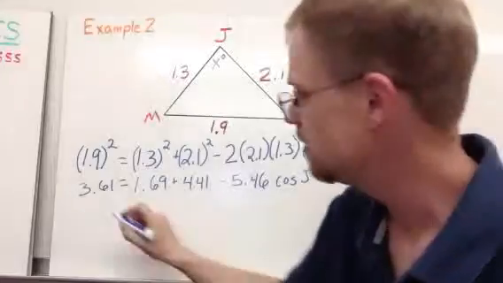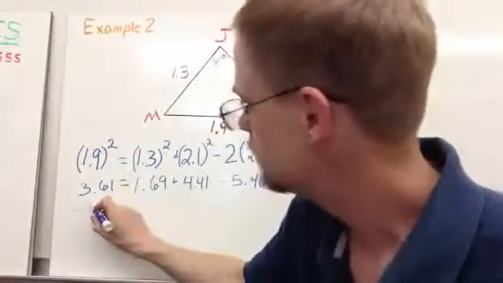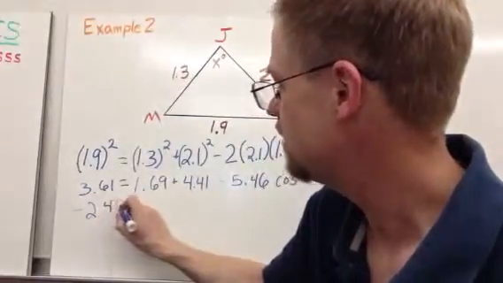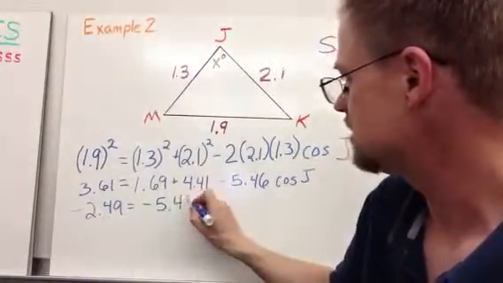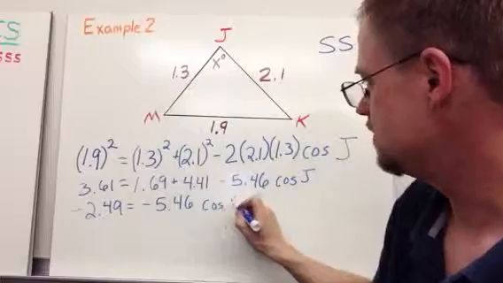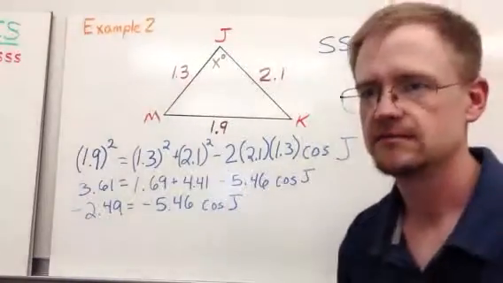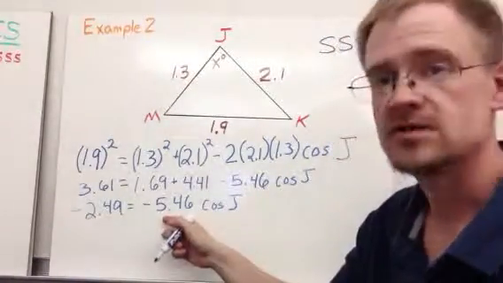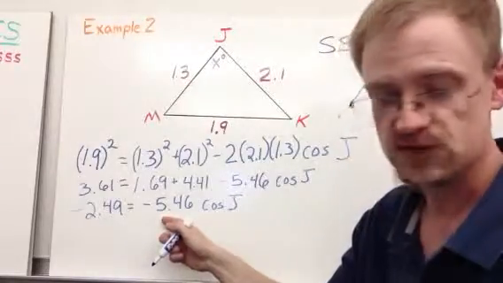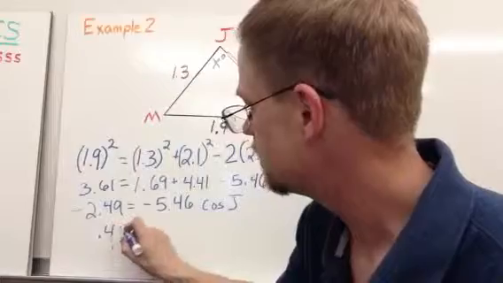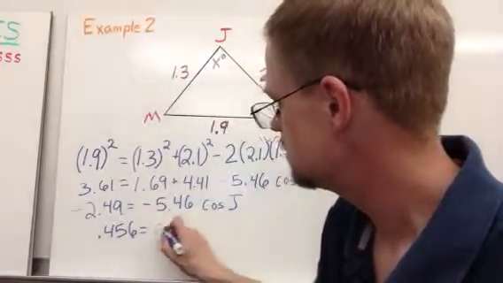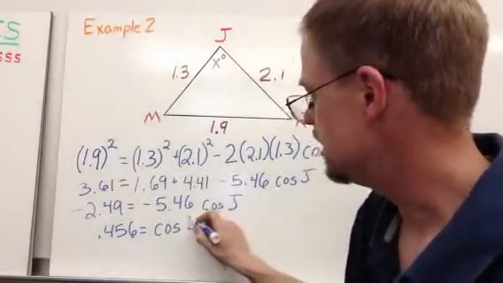We get negative 2.49 equals negative 5.46 cosine of J. Now, divide both sides by negative 5.46, and we get 0.456 equals the cosine of J.